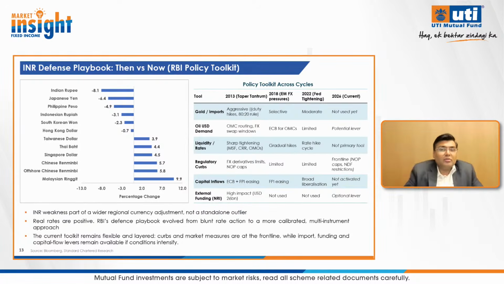They also announced relaxed ECB guidelines, which helped OMCs raise money from foreign investors. If you look at capital inflows, they opened up various FPI limits, which helped us get more capital flows. And if you look at 2022, of course, RBI was hiking. So yes, in every cycle, whether you look at 2013, 18, or 22, RBI hiked. So what's different about now?